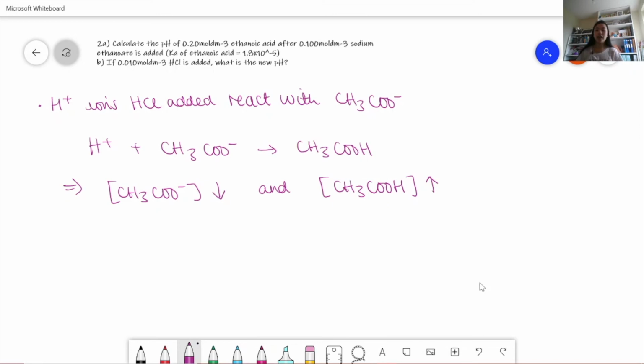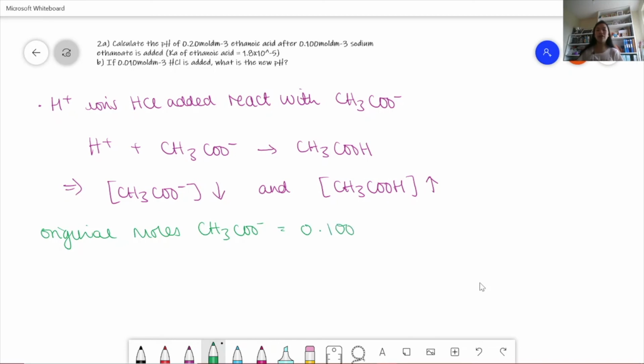And so now what we do is we calculate the original moles that we have of everything. So the original moles of this ethanoate is equal to 0.100.